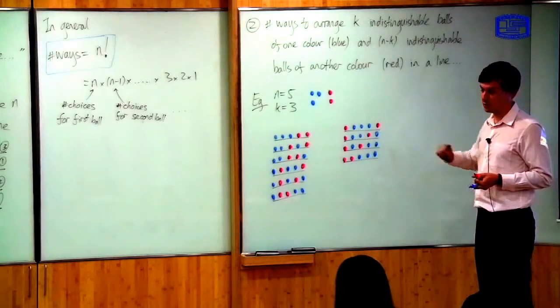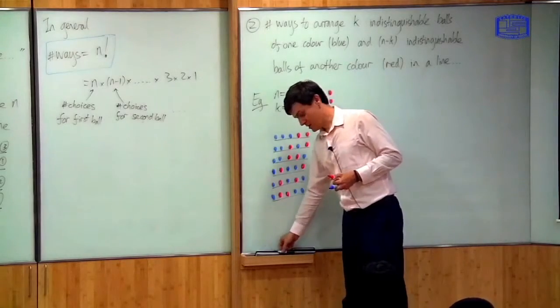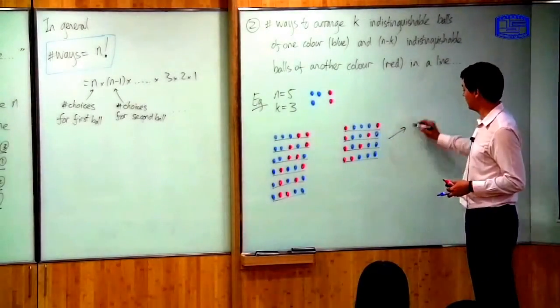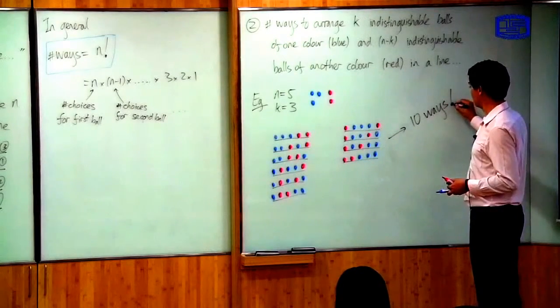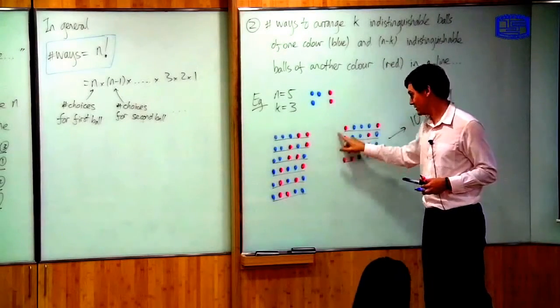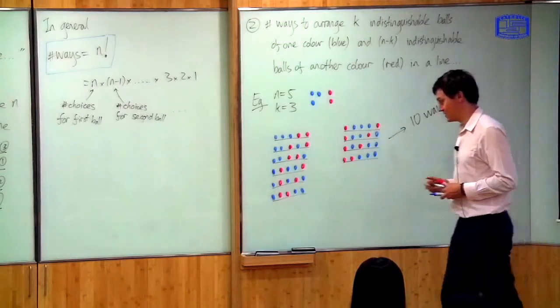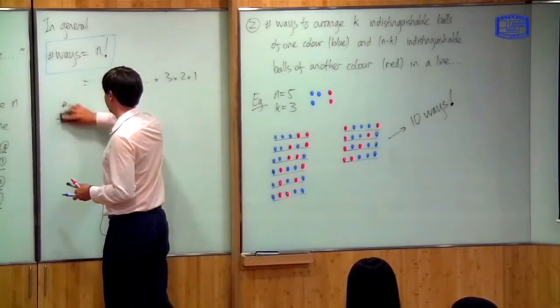This is all of the possible ways of arranging three blue balls and 2 red balls in a line. Okay, so for this example, there are 10 ways. Just count them. 1, 2, 3, 4, 5, 6, 7, 8, 9, 10. Okay. So that's the example. What's the general formula?